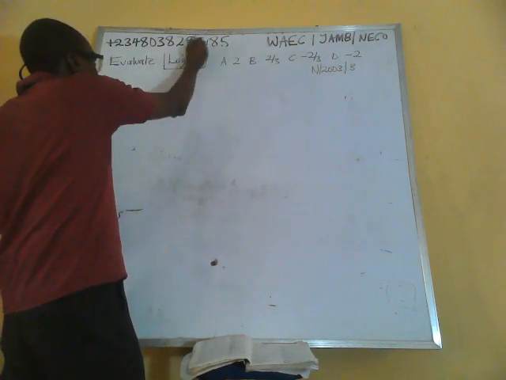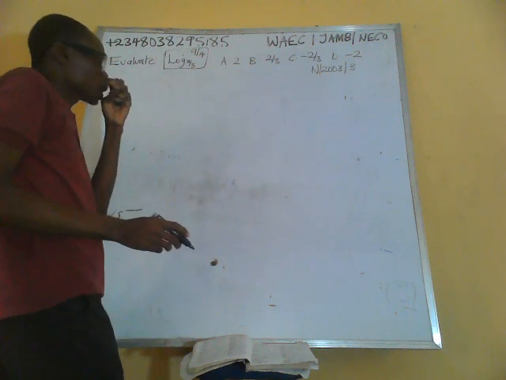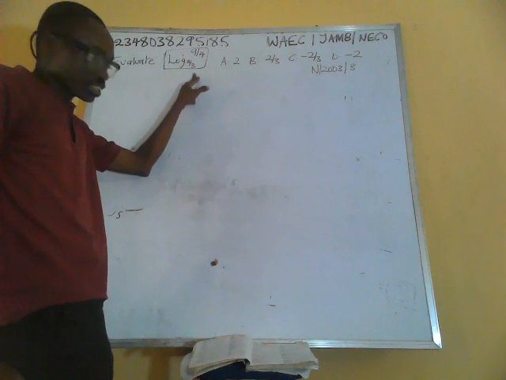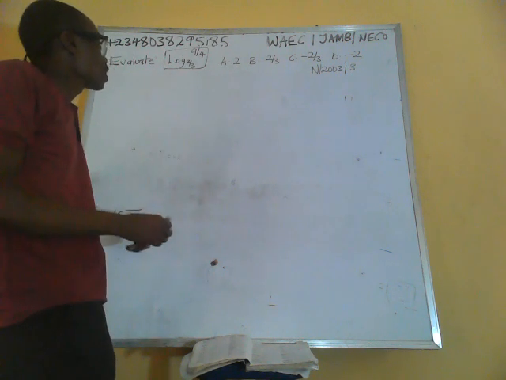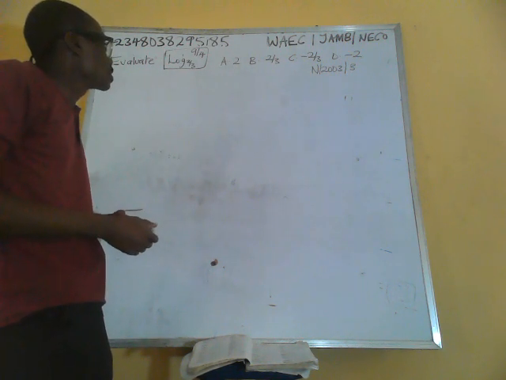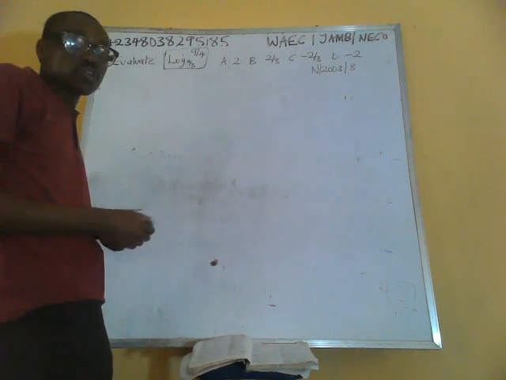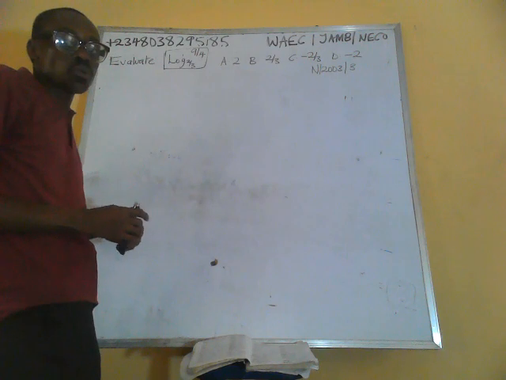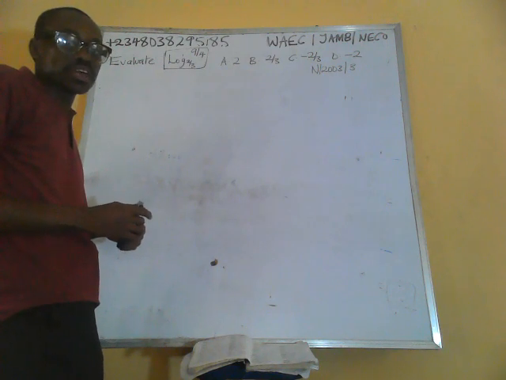So having this, we have log 9 over 4 to base 2 over 3. That is what we have over here.